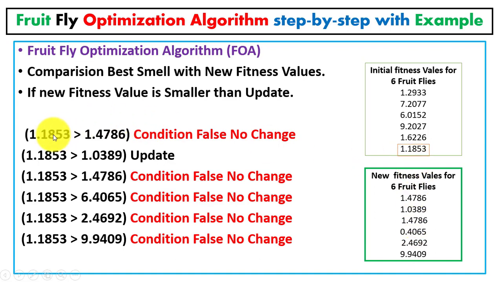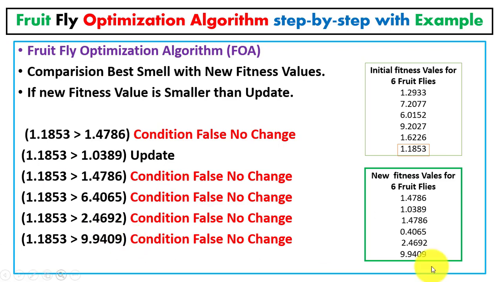So you can see in the first case this value is less than this, so the condition is false, so no need to do anything. In the second comparison you can see this value is greater than the new value we computed, so we will update this. In the next step you can see the condition is false, the condition is false. If the condition is false, there is no need to update it.